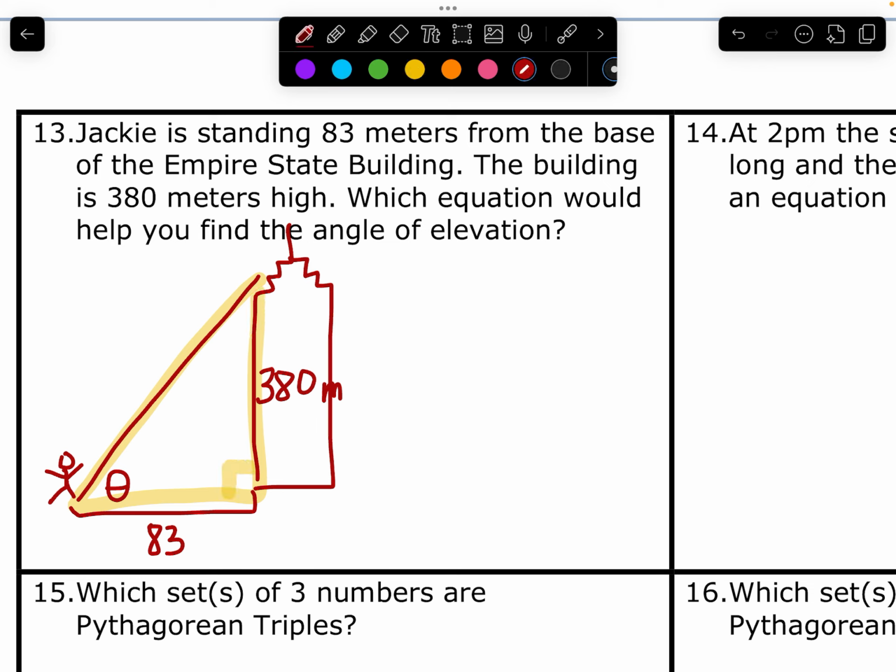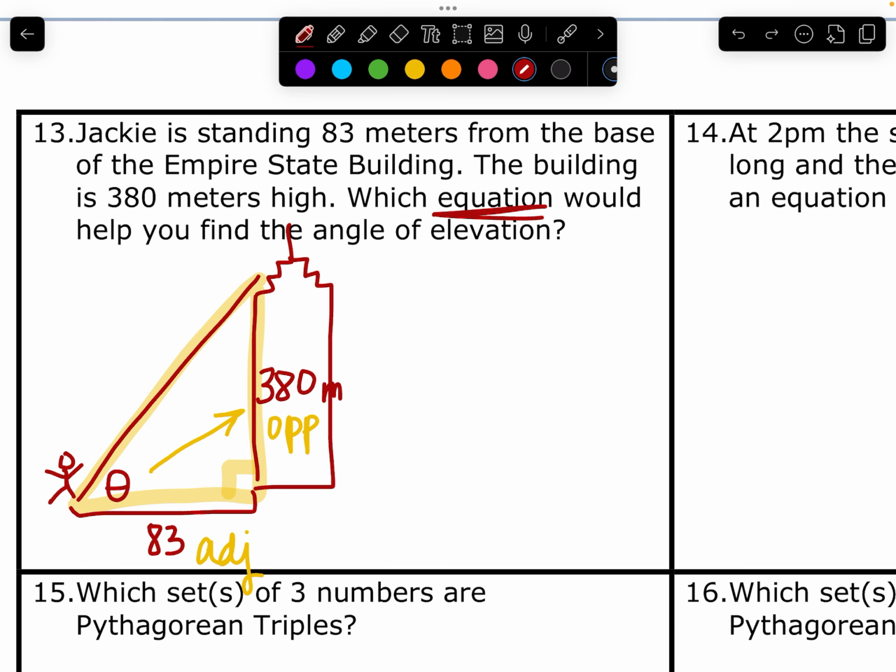All right, so we need an equation. Let's go ahead and label these sides. This would be theta, of course, and then the 83 is the adjacent side, and the 380 is the opposite side because it's across from theta. This is the hypotenuse, but it's blank, so I'm not going to worry about that.